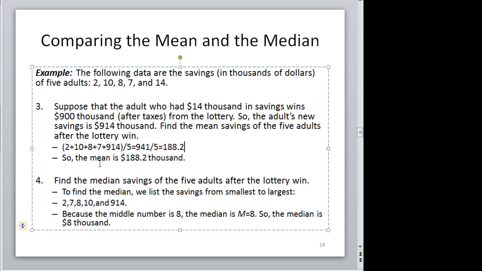So this is going to be the mean. Because this one number was significantly larger than before, it bumps up the mean to 188.2.